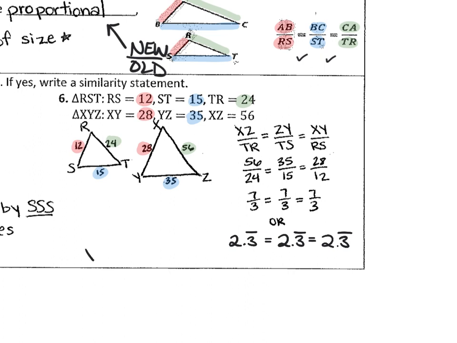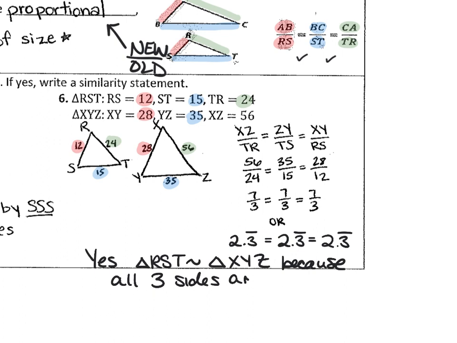We can say that yes, triangle RST is similar to triangle XYZ because all three sides are proportional. So you're writing me a little sentence answer today, telling me yes or no, and then telling me why. These are similar by side, side, side.